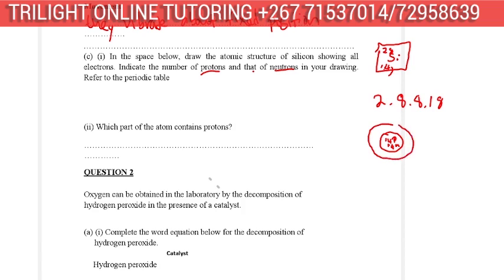Then we're going to draw our electrons. Remember we've got 14 electrons. The first shell takes 2, so we subtract 2 and remain with 12. So we are done with the first shell. Going to the second shell, it takes 8.